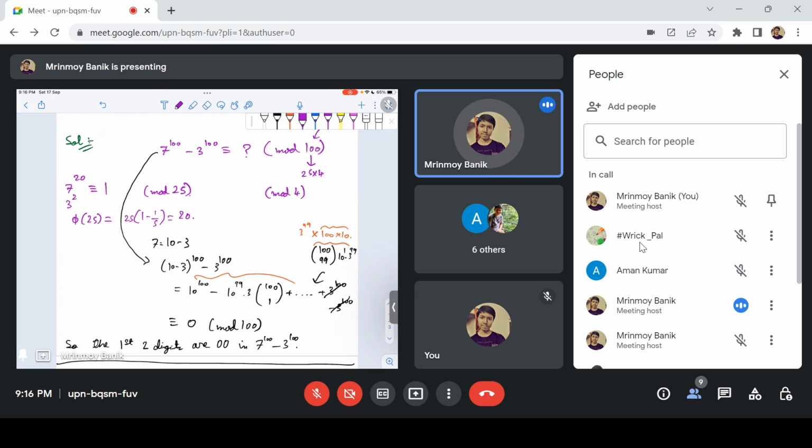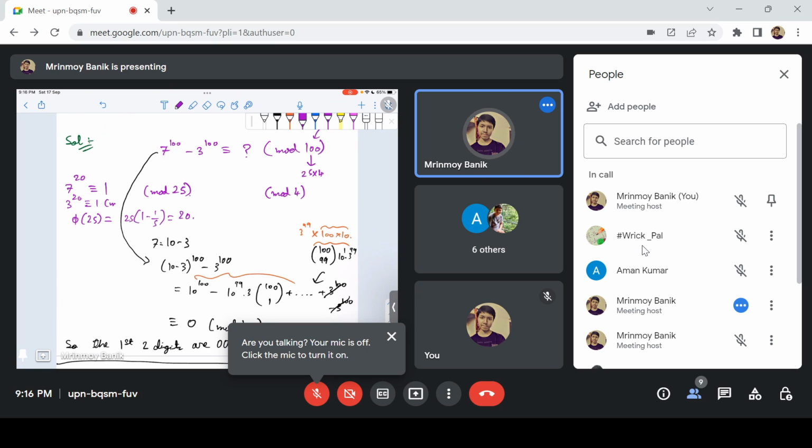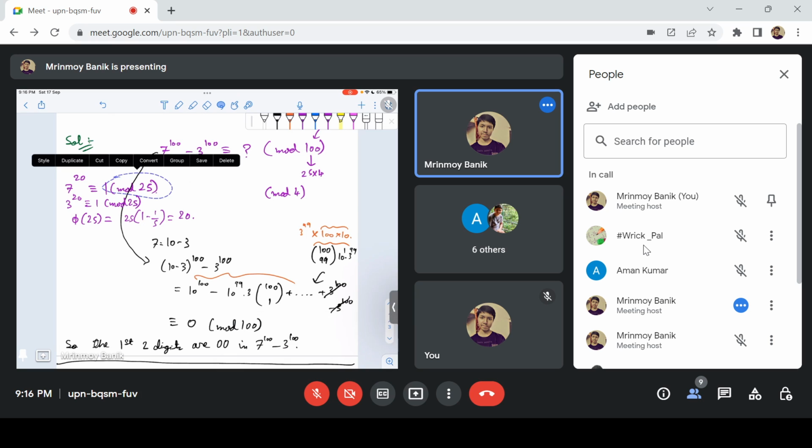Similarly, 3^20 is also 1 mod 25. With these two pieces of information, we can easily check 7^100 is also 1. Subtract them, you get 0.